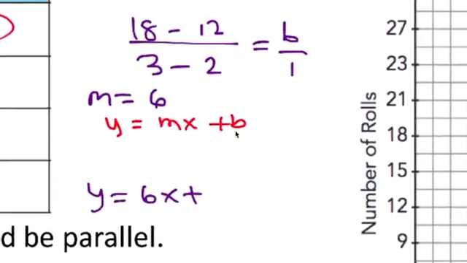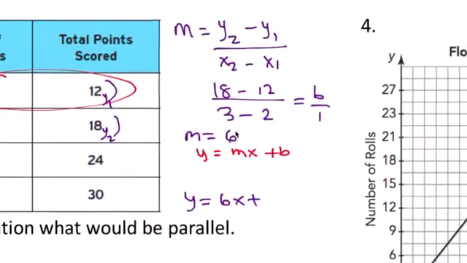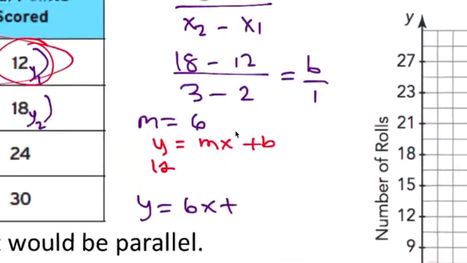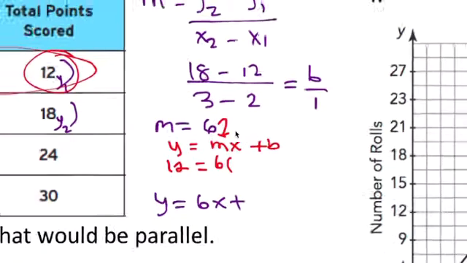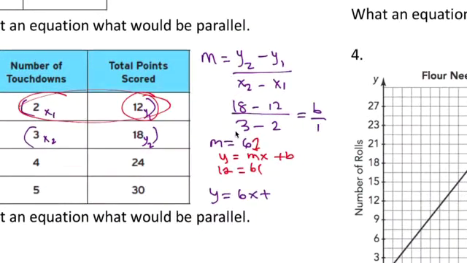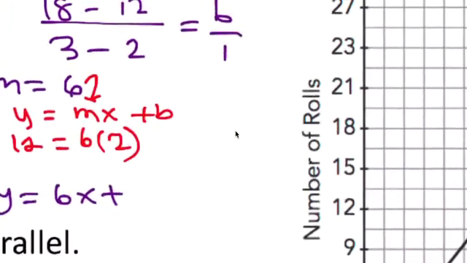Your x and y, it doesn't matter which one you choose. Y is 12 right here, equals m is 6, x is 2 from here, I'm using these 2 points, plus b.